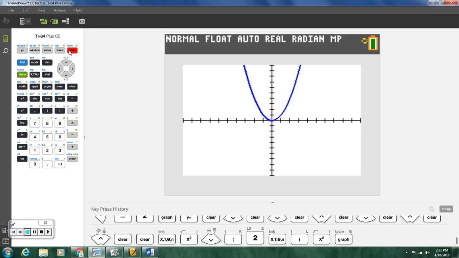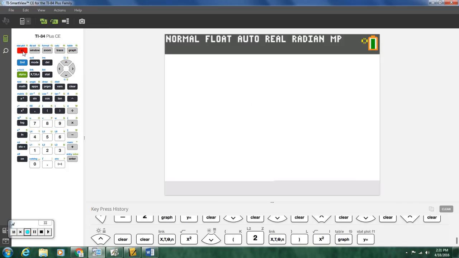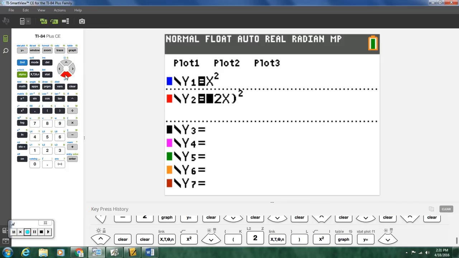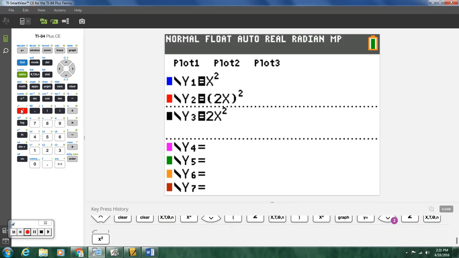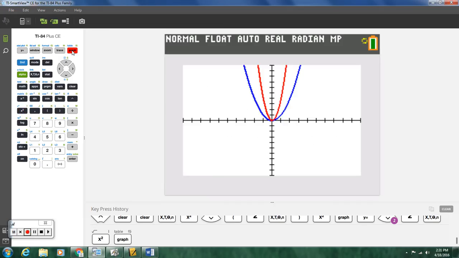So we have the x squared, and we put a 2x squared on it, but we put the 2 inside the parentheses. This time we're putting the 2 outside the parentheses, so we're doing 2x squared, so the square is only on the x, not on the 2. So how does it change it? Did it change it?